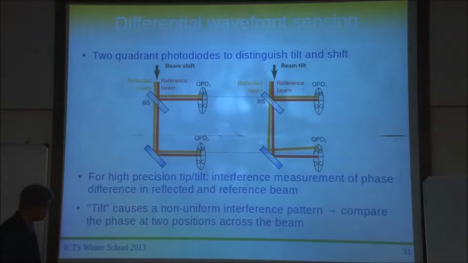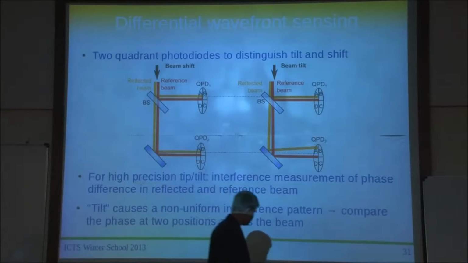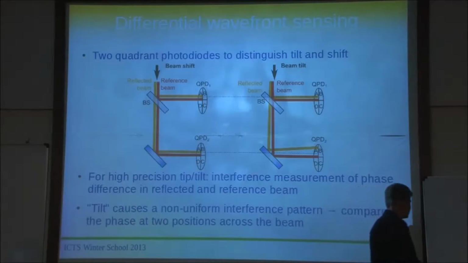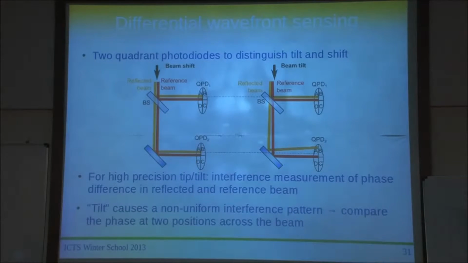However, maybe I make a little drawing here. If you have a slightly tilted beam, then you would add some non-regular interference pattern. So if you have your photodiode here, and then your reference beam is coming in like that, let's say it hits in the middle, and your wavefront sort of looks like that.